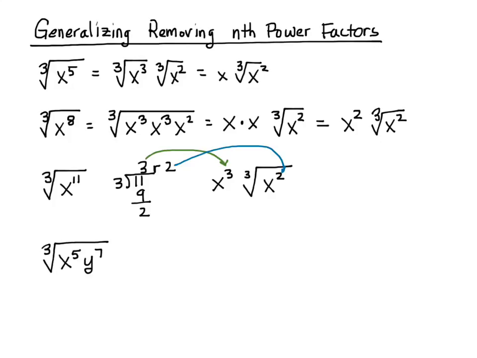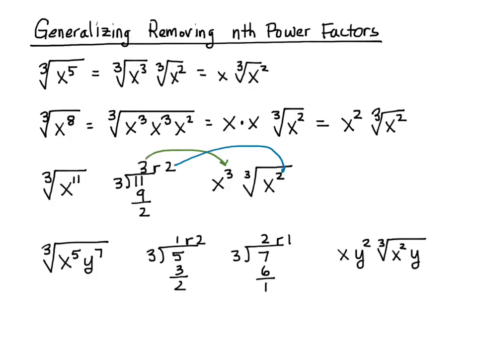Okay, so let me take one that has multiple variables now. All right, I'm going to look at x first, and I'm going to say 5 divided by 3 is 1 remainder 2. So that means I could take out one group of x cubed, and I'm going to have 2 x's left over. And then for the y's, I'll do the same thing, and that ends up to be 2 remainder 1.